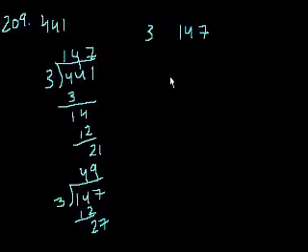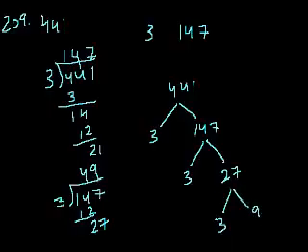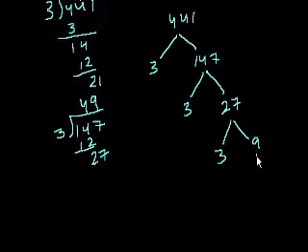So let's just do a prime factorization of 441. You get 3 and 147. 147 factors into 3 and 27, which then factors into 3 and 9, which then factors into 3 and 3. Okay, so I didn't realize, but this is the same thing as 3 to the 5th.